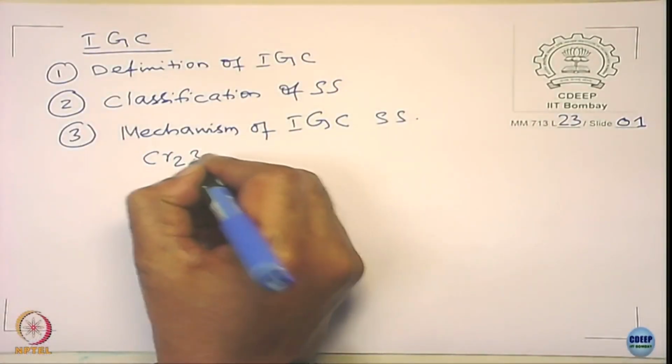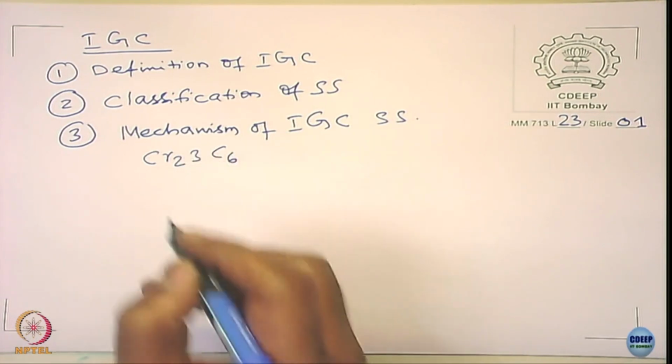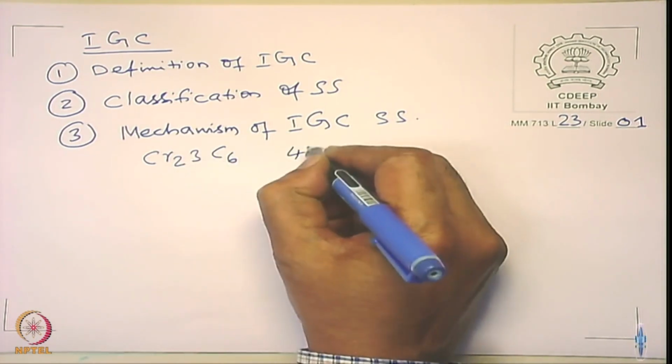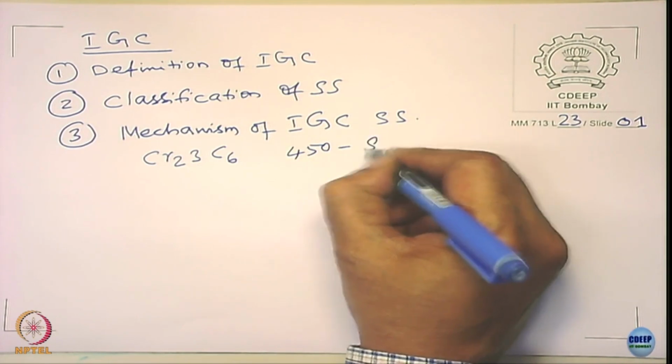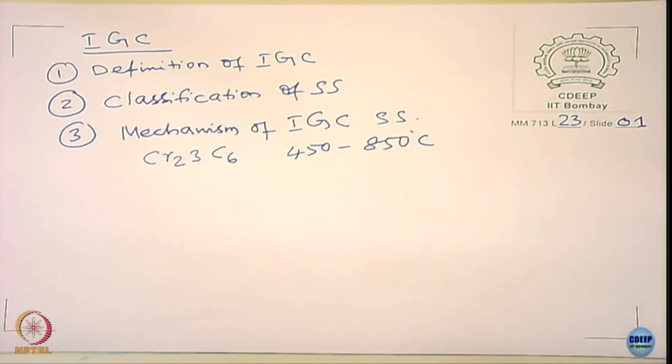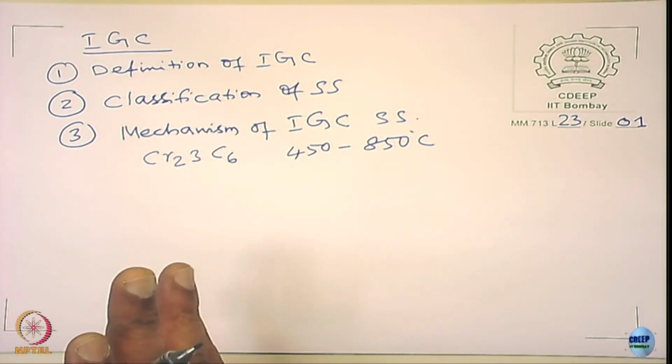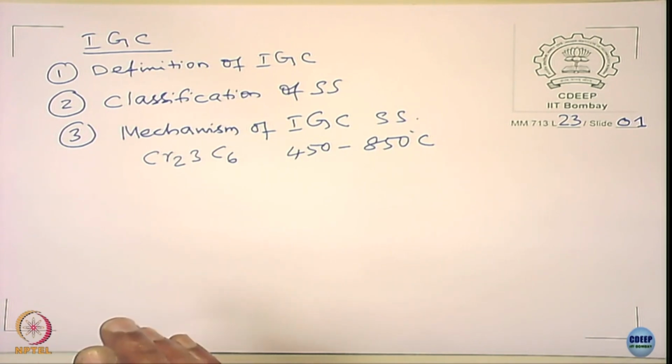And if you recall, the major problem is the chromium depletion because of the formation of chromium carbide, and that occurs in a selective temperature range, let us say about 450 to about 850 degrees Celsius. But more importantly here, it is not just the formation of chromium carbide and the depletion of chromium as a result of it.